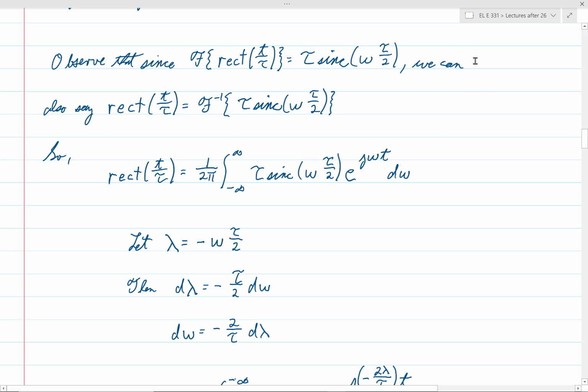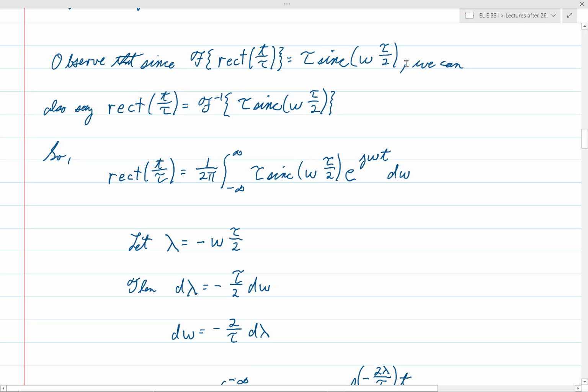Okay, so anyway. So now, as we have already said, the Fourier transform of the rect of t over tau, we've derived this, is equal to tau sinc of omega tau over 2. That's what we derived in example 26.1.